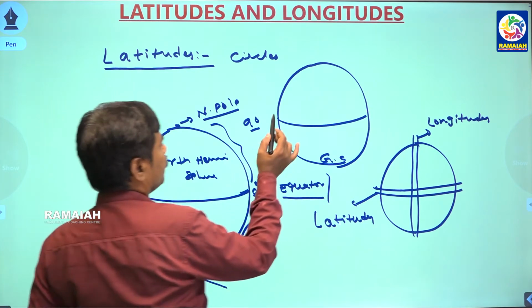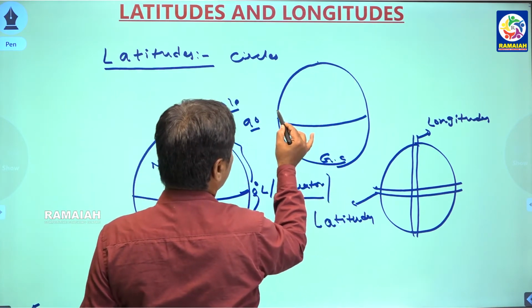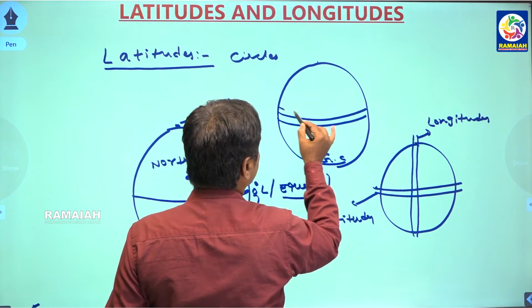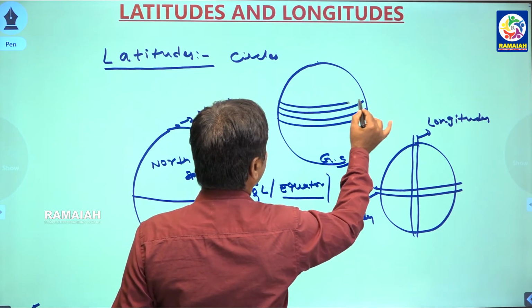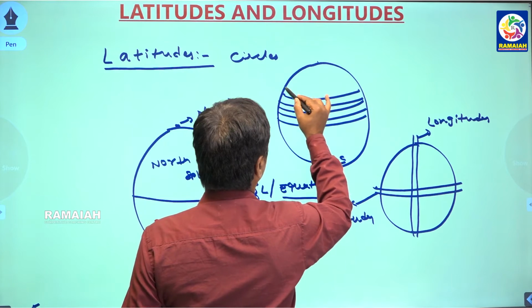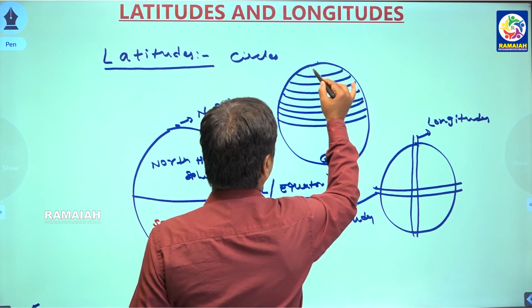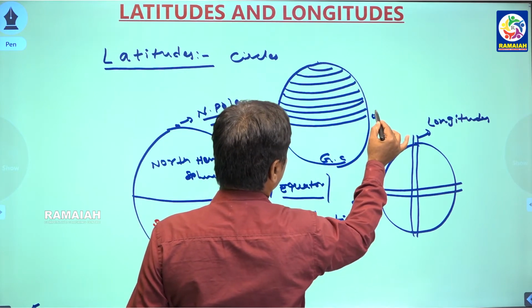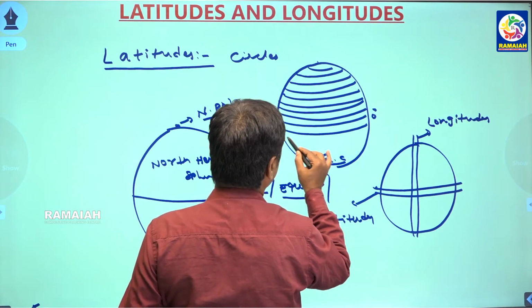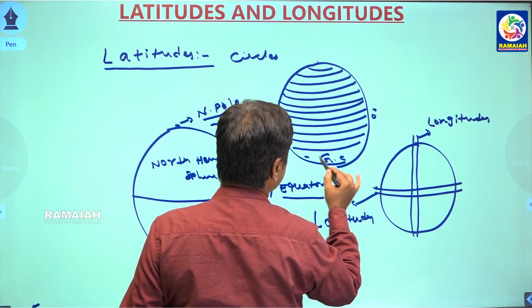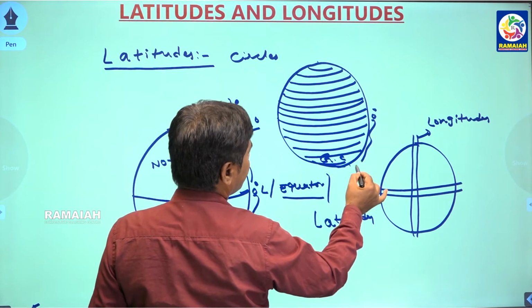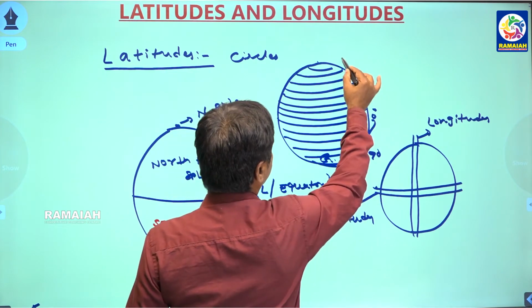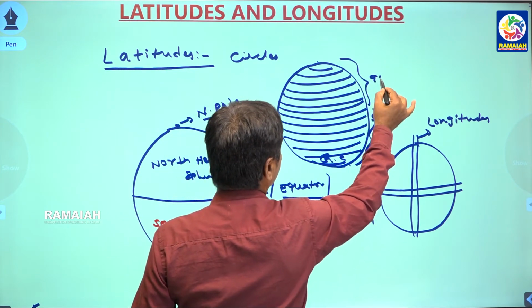Because of going gradually toward the poles, the Northern Hemisphere is divided into 90 latitudes, like this. And the Southern Hemisphere is also divided into 90 latitudes, like this. So these are the 90 latitudes, and these are the 90 latitudes.